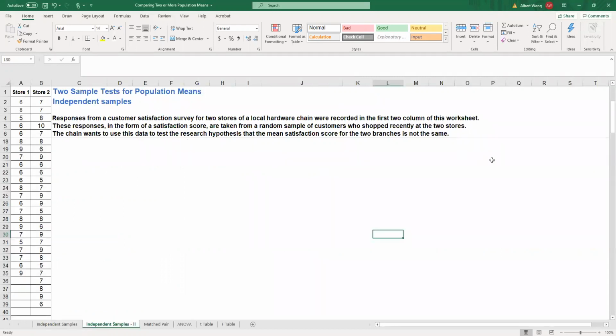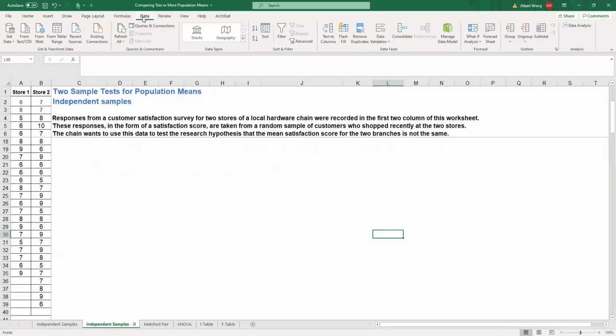We have the same problem. We have, again, the data from store number 1 and store number 2, except that we don't want to do all the calculations because we already have the raw data. We can actually use Excel's Data Analysis add-in. If you have it installed, you click on the Data ribbon and you can see that Data Analysis is already installed for you.